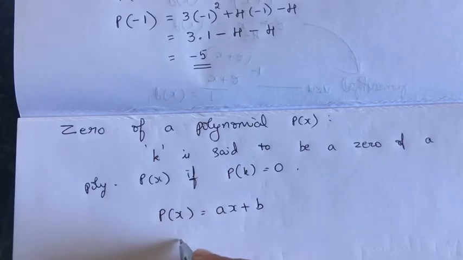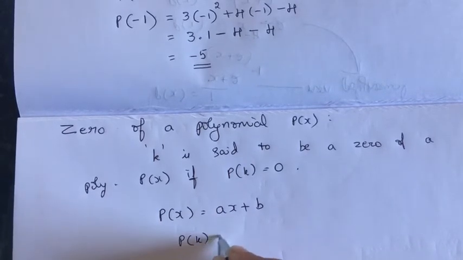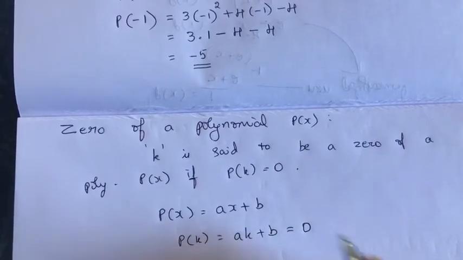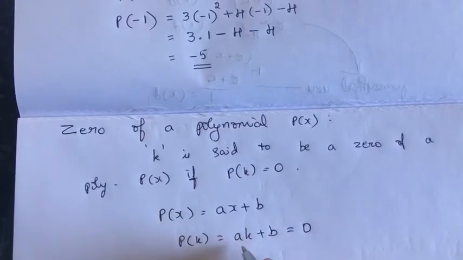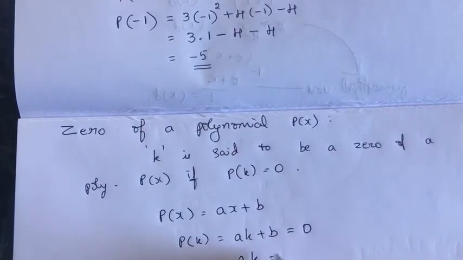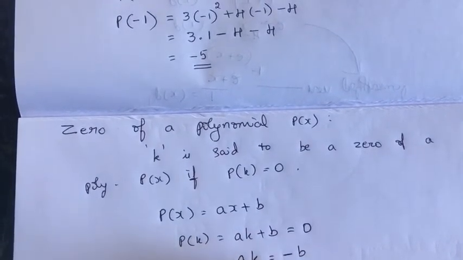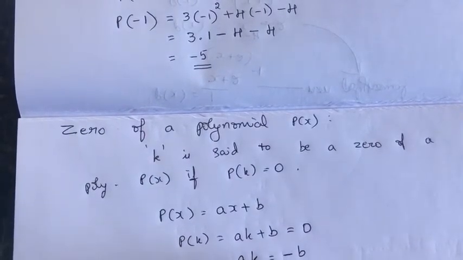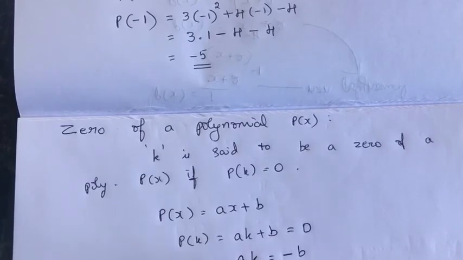This means P of k is ak plus b equal to 0. So ak equals minus b, and k equals minus b by a. What is b in fact? b is the constant term and a is the coefficient of x.